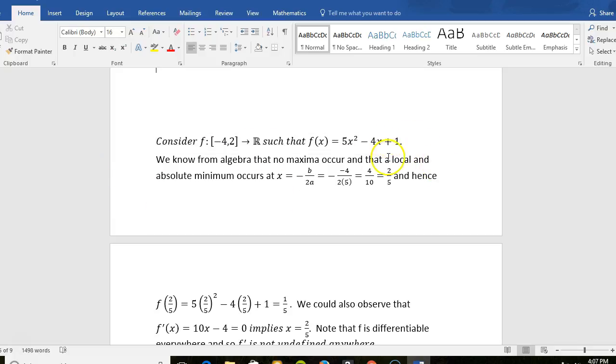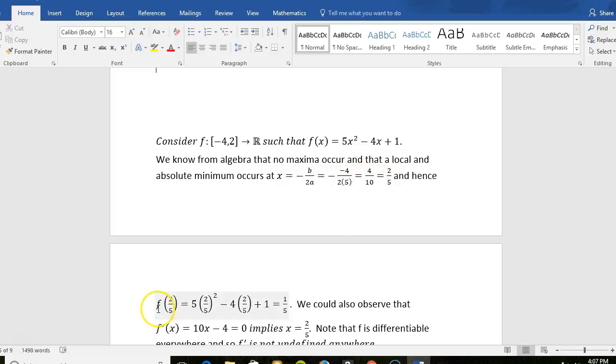We know from algebra that no maxima occur and that a local and absolute minimum occurs at x equals negative b over 2a. That's the vertex formula in algebra, where a is 5, b is negative 4, c is 1. So we have negative 4 over 2a, which is 2 times 5. The negatives cancel, I get 4 over 10, which is 2/5.